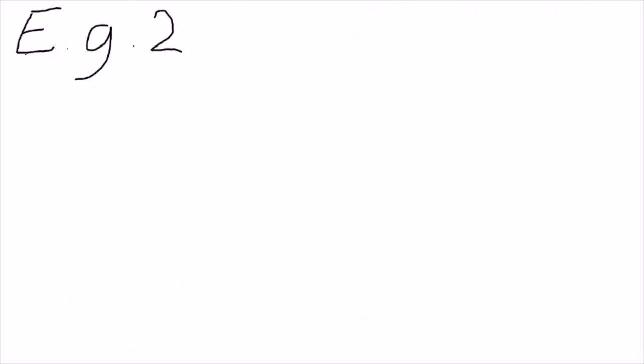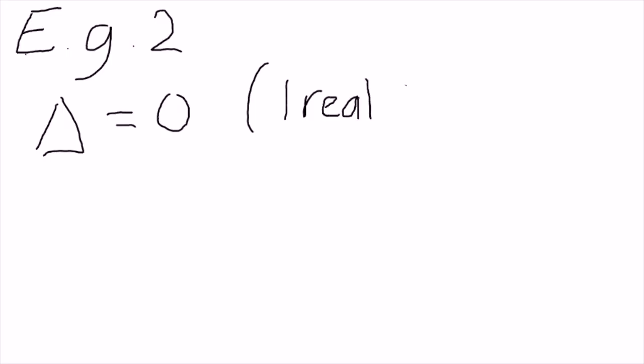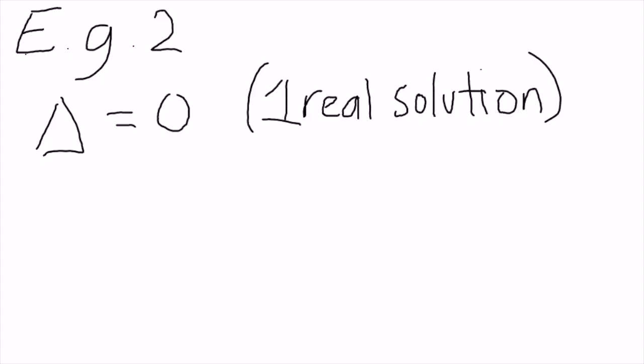When using the discriminant, if you get a solution that is equal to 0, meaning delta is equal to 0, you have one real solution. This can be seen in the quadratic formula, as when you simplify, x would be equal to minus b over 2a.